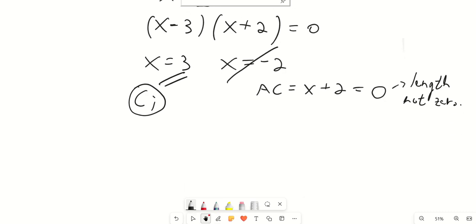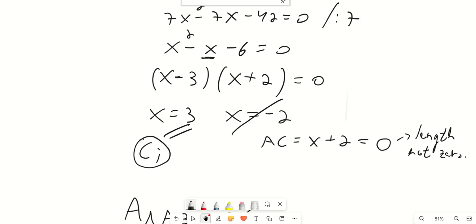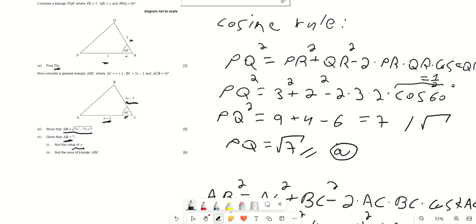Now in part C2 I have to calculate the area of triangle ABC. So let's have a look at triangle ABC here. Yeah, this is the area I have to calculate. I'm going to use the trigonometric formula for calculating the area of a triangle.